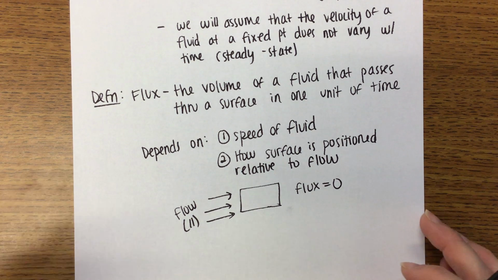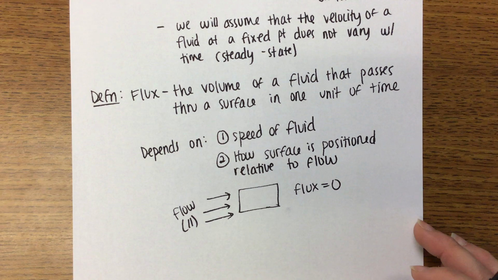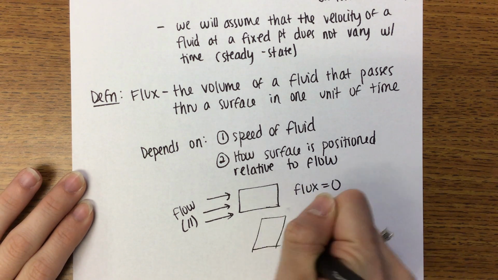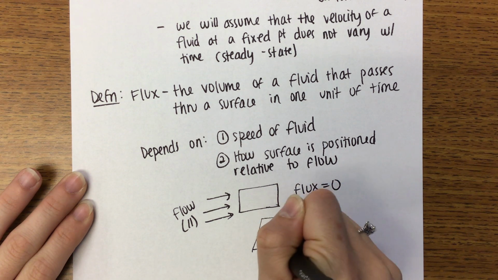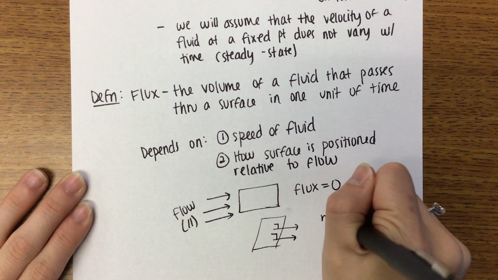Okay, logically then, do you have a guess for when the flux would be at a maximum? Perpendicular. Yeah, so let's say your surface was something like this, and your flow was perpendicular. This would be the maximum flux.